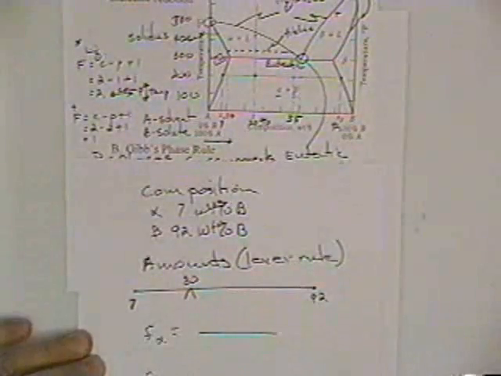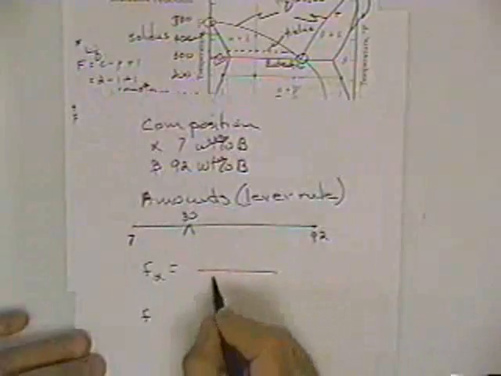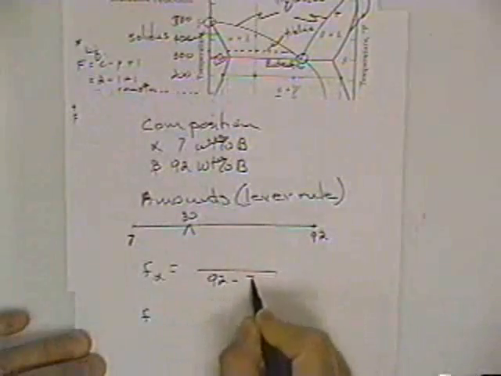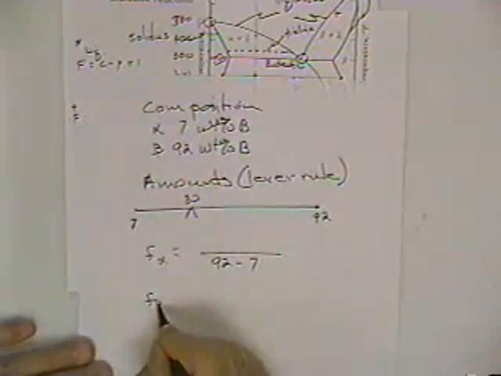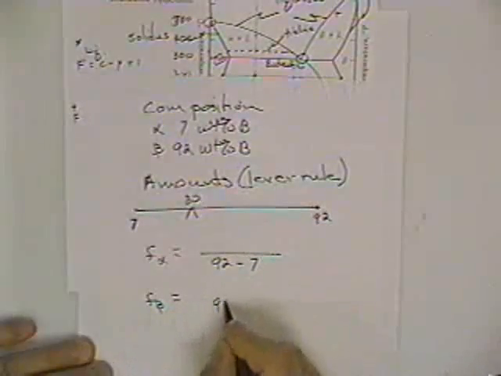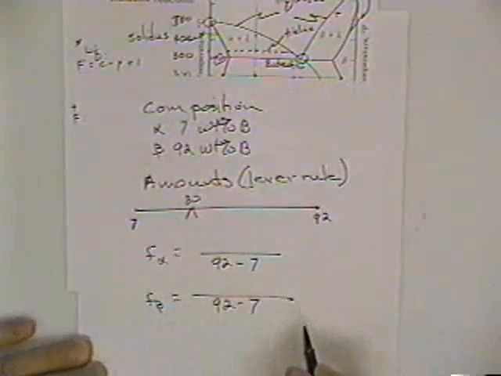So the fraction of alpha is going to be equal to what? Well, we certainly can put the denominator down there without a problem. That's going to be 92 minus 7. And the fraction of beta, that's going to be 92 minus 7.